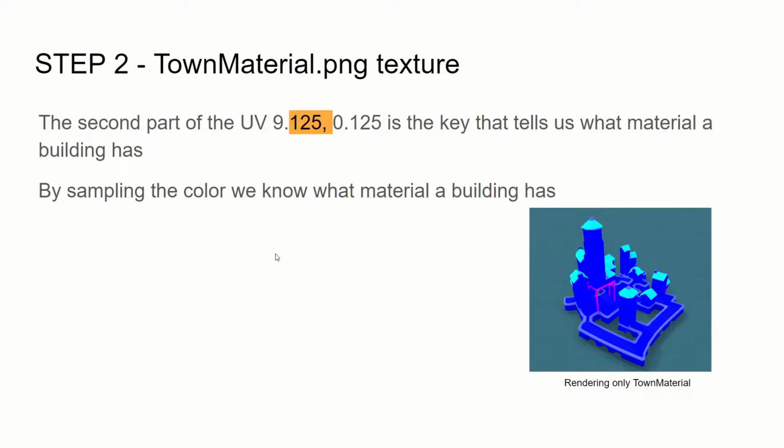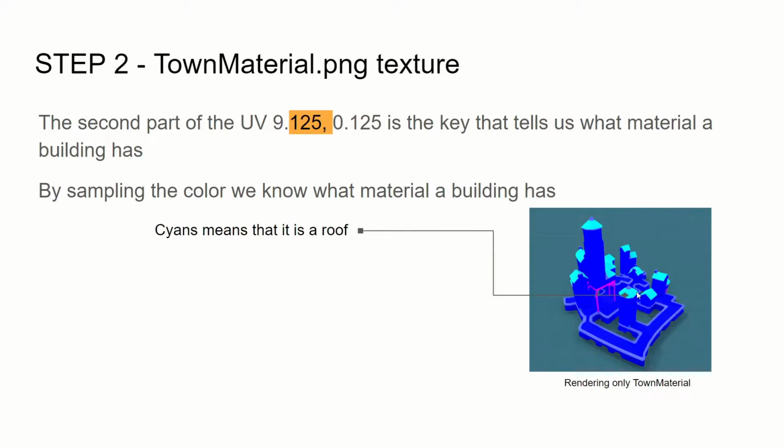So if we render our image again, and we are only using the town material in this case, we can see that it's mapping the different materials out in different colors. If we look at the UV parts, then we are using the fraction part of the UV, which is describing what material a building has.